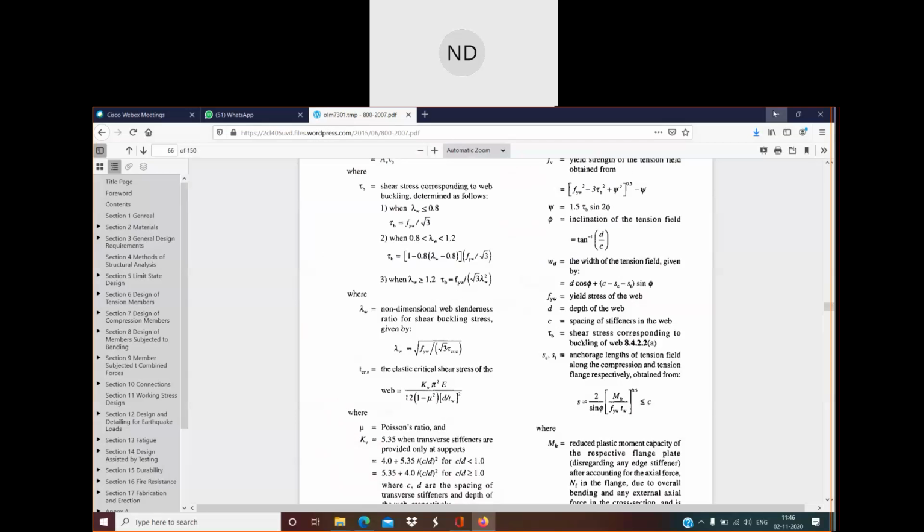This is 5.35 when we have no intermediate stiffeners, and in the IS code it is already mentioned. Then we have π², π we know, E we know, 2×10⁵, 12 into (1 − μ²), μ is 0.3 we know, and d/tw.